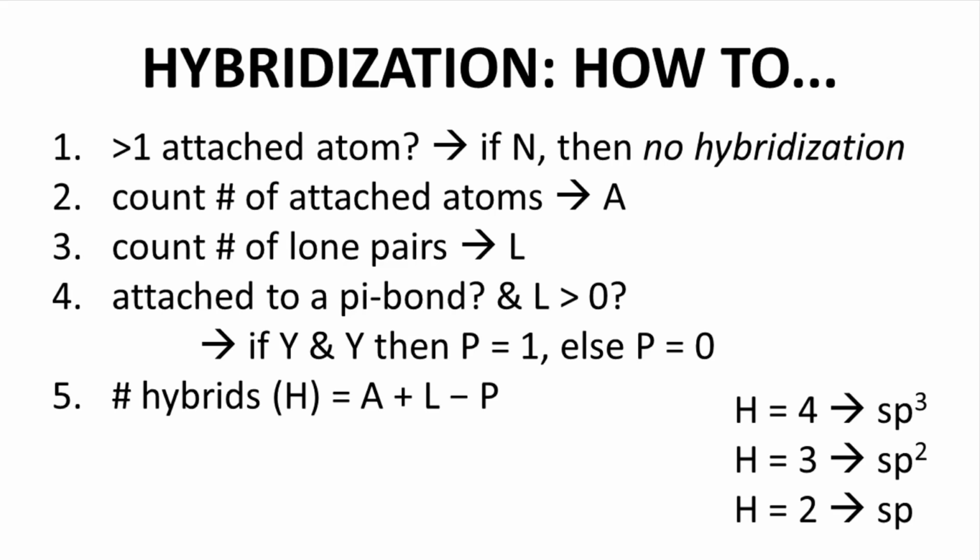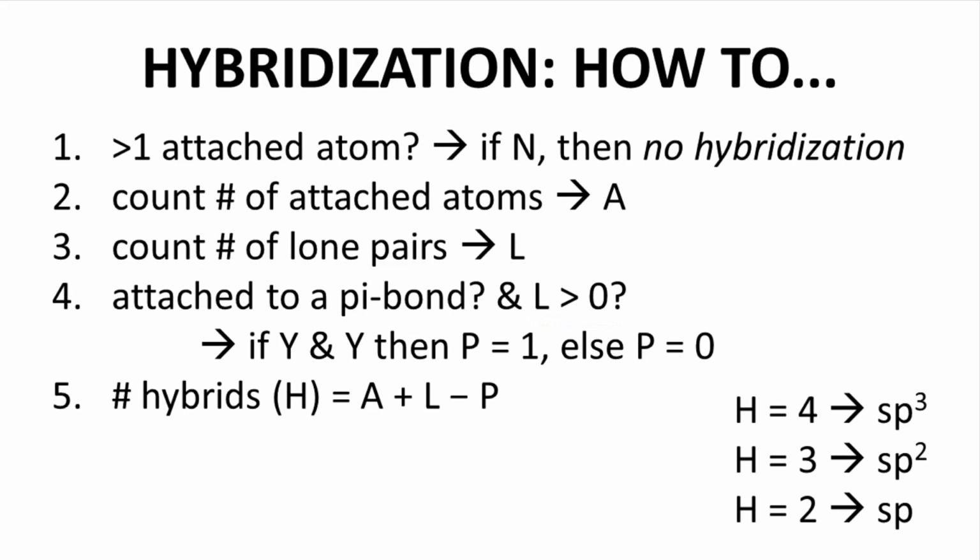Second step, how many atoms are attached to the atom in question? This is the number of attached atoms, not the number of bonds. This value is A. Third step, how many lone pairs are on the atom in question? This value is L. Fourth step, is the atom in question attached to a pi bond? And does the atom have at least one lone pair? So L has to be greater than 0.